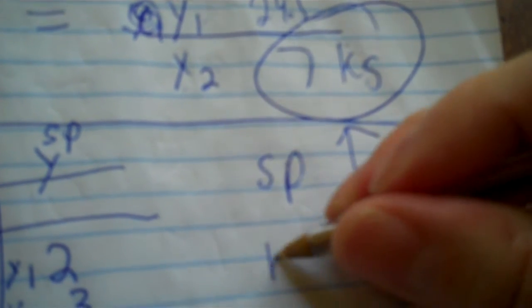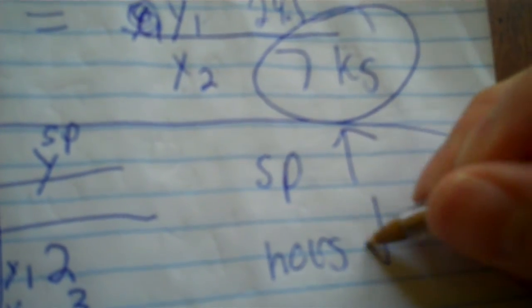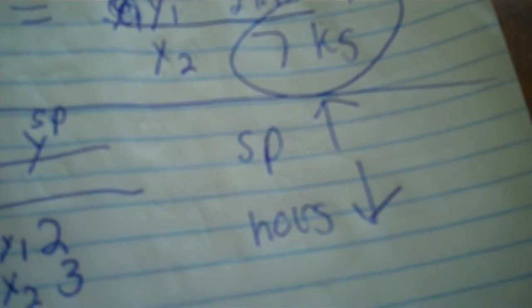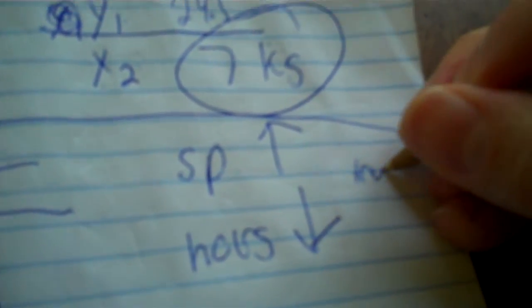So I know I got X1, X2. Now I have to decide if it's Y1, Y2, or Y2, Y1. Well, as the number of sump pumps go up, then the hours it takes go down because you have more of them working and your basement gets cleared in less time. So that's inverse. So this one we're going Y2, Y1.